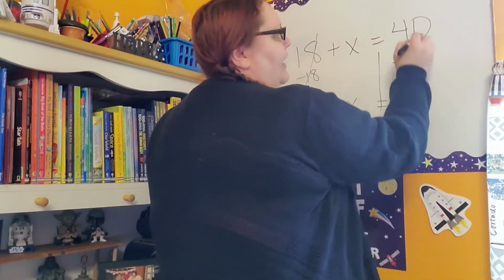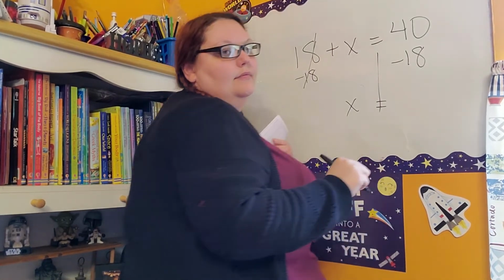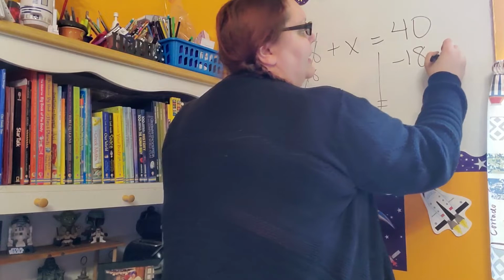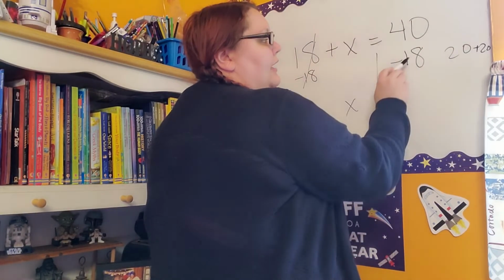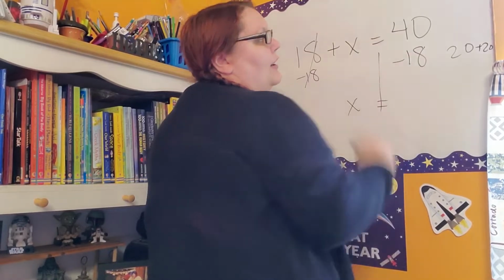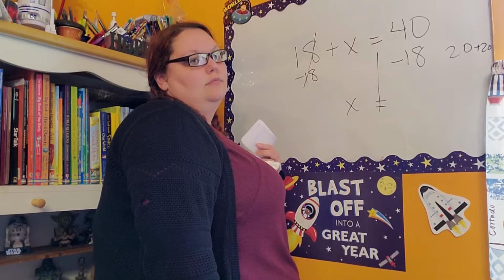So if we have half of 40, what is that? 20? Uh-huh. So I know in my mind, I've got 20 plus 20 is going to equal 40. Now, what if I take 18 away from one of those? What do I automatically have left? 1?